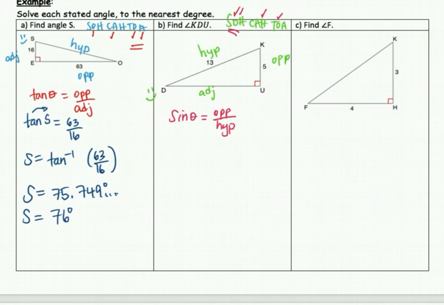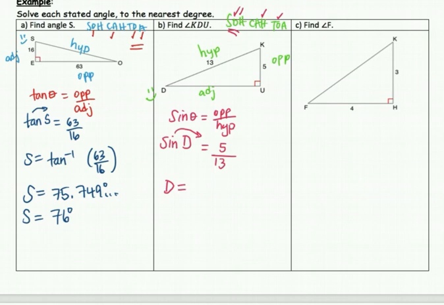Again, it's angle KDU, but really it's angle D here, so I can just even write angle D if you want. Opposite is 5 over hypotenuse, which is 13, and then just go through the steps and solve. You need to find the angle.